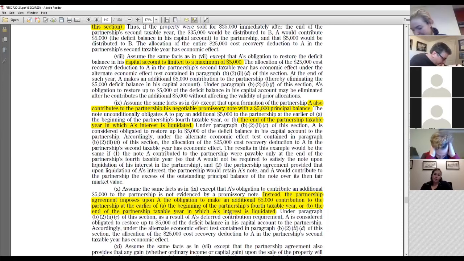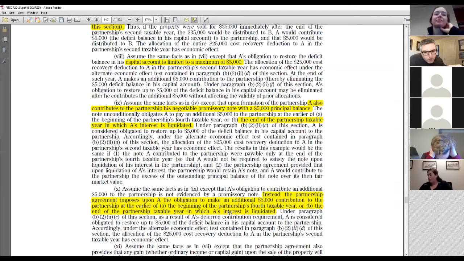Deferred capital contribution requirement. And really, in many respects, it's identical to a promissory note. Probably easier if the partnership wants to sell the promissory note to somebody else, whereas to sell a deferred capital contribution, there's no instrument, but it's just A is obligated to kick in $5,000 in the future.